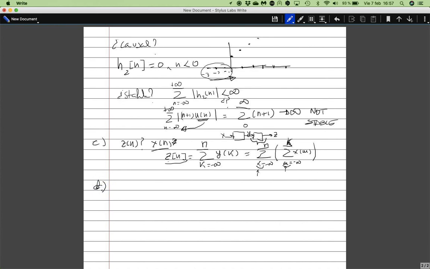Let's go to the D. Indeed, they say that we have to demonstrate that the inverse system to S2 is defined by the following relationship.